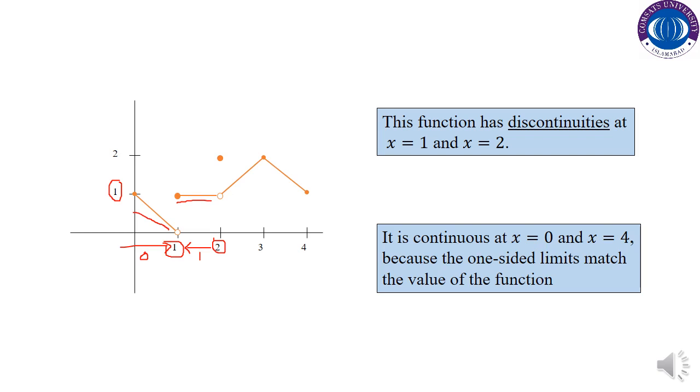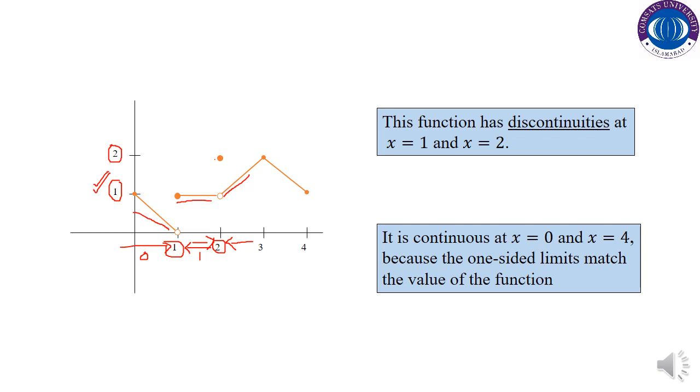Now look at point 2. At point 2, the function is defined and the value of the function is 2. And the limit of the function also exists: the left hand limit at point 2 is equal to 1 and the right hand limit at point 2 is also 1.